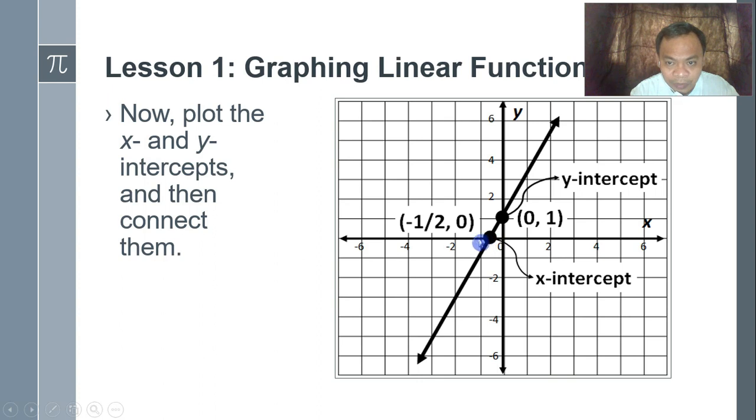If this is our negative 1, then this is our negative 1/2. Then y is 0. And then we connect them. Then, this is now our graph. It is the same as in the earlier example, using 2 points. So, this is the graph of our function y is equal to 2x plus 1.